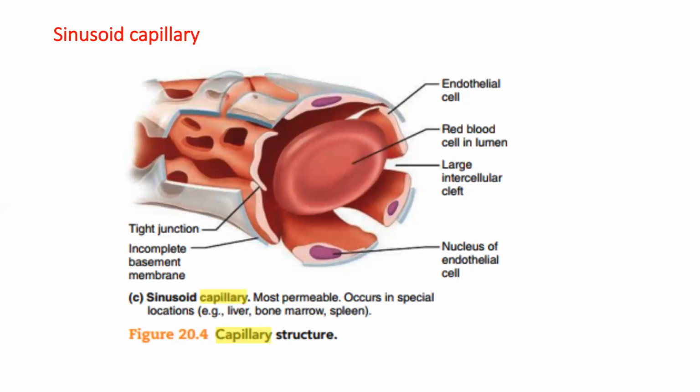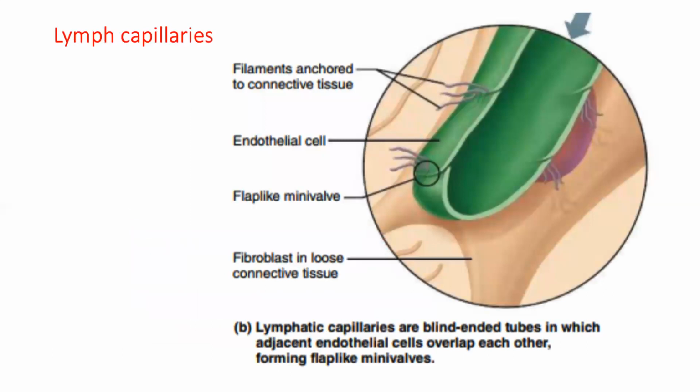So I have shown you 3 types of blood capillaries, and these blood capillaries can be mixed and meshed with the lymphatic capillaries. And therefore, let's look at the lymphatic capillaries. Hey, lymphatic capillaries are very different to some extent, but there are also many similarities.